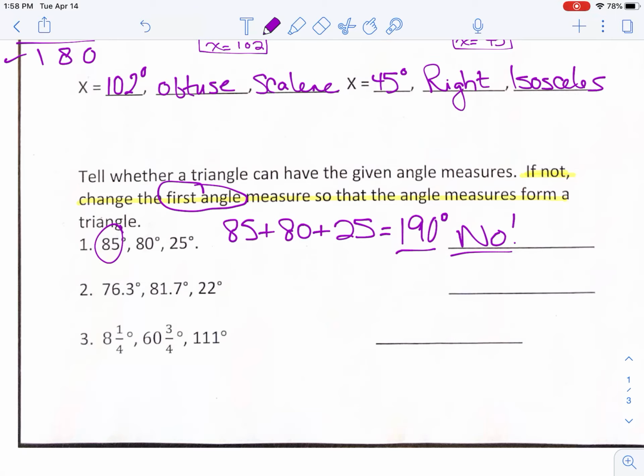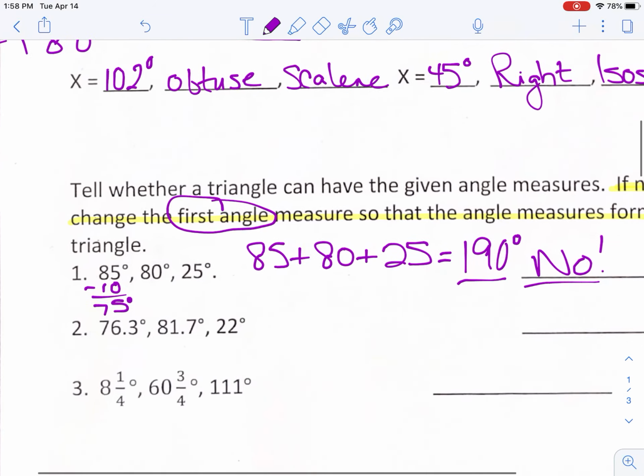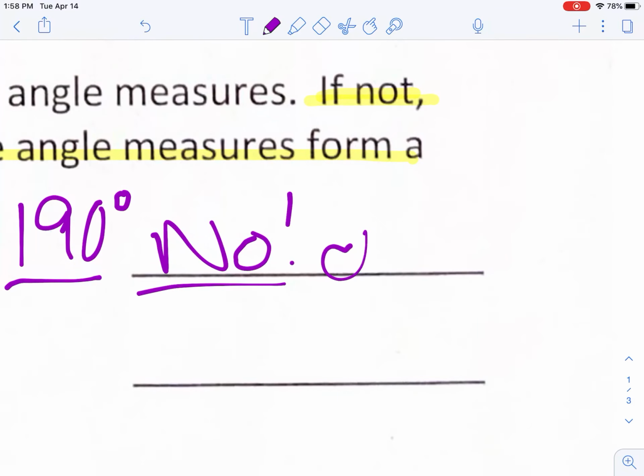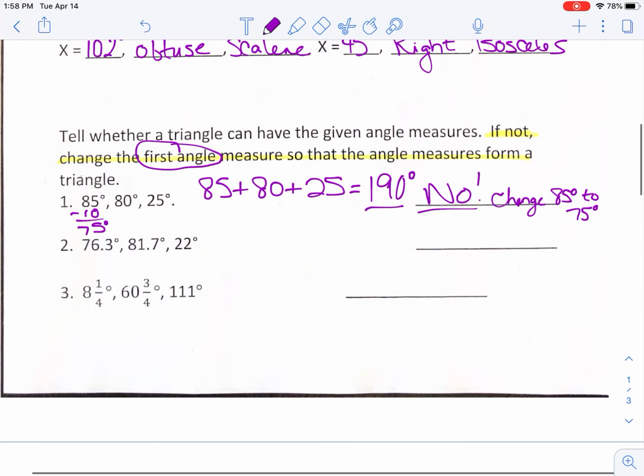So this 85, we need to subtract 10 off of it to make it 75. Now, if we were to do 75 plus 80 plus 25, then we would have the perfect 180 degrees. So the answer is no, and we can just write change 85 degrees to 75 degrees.